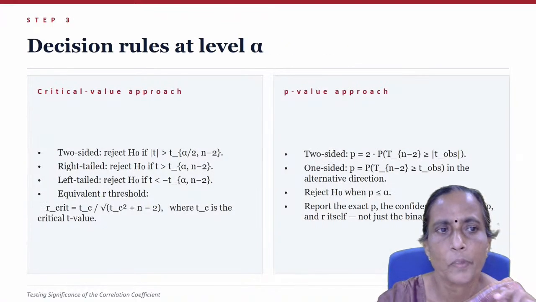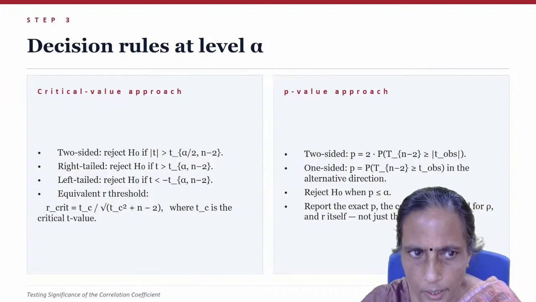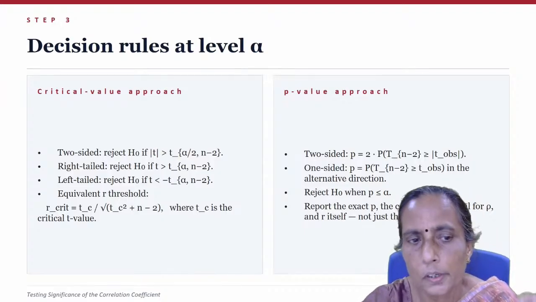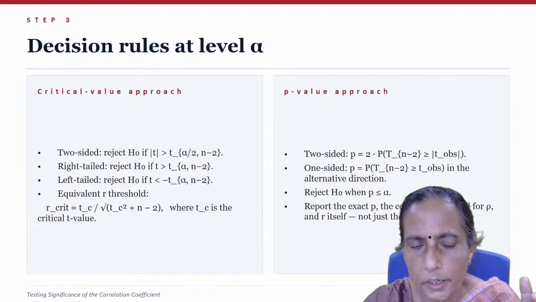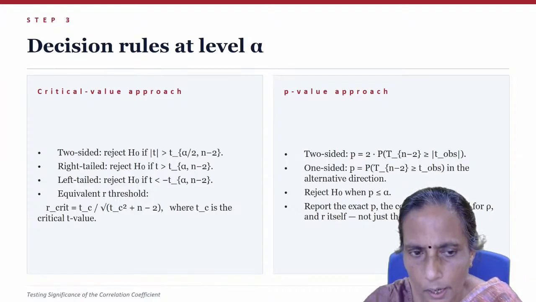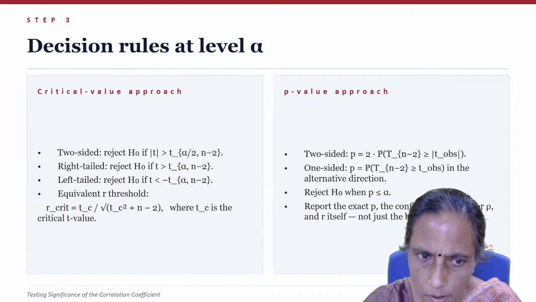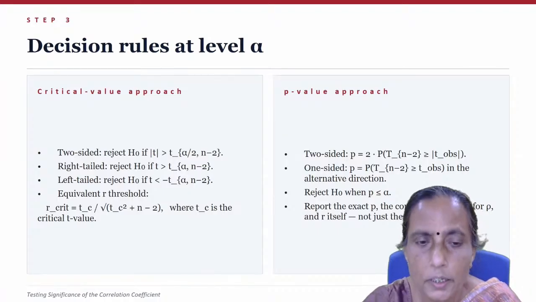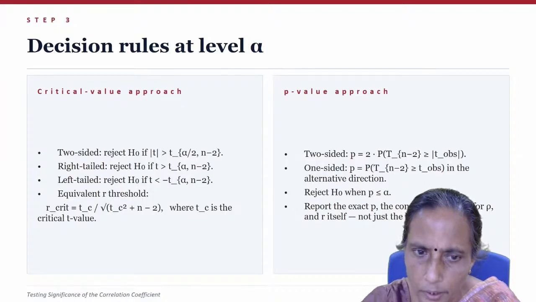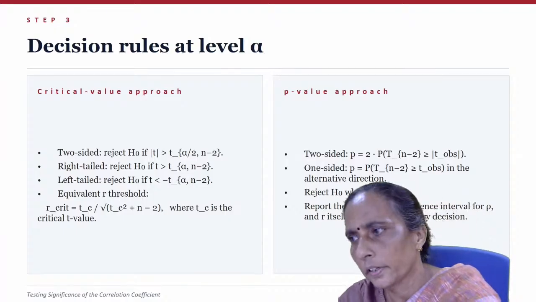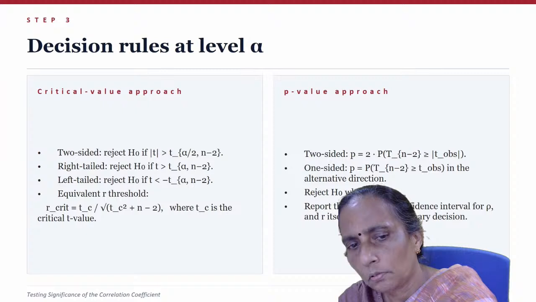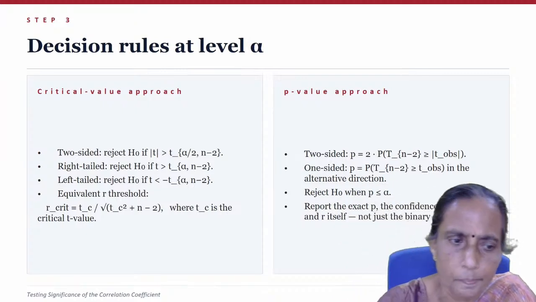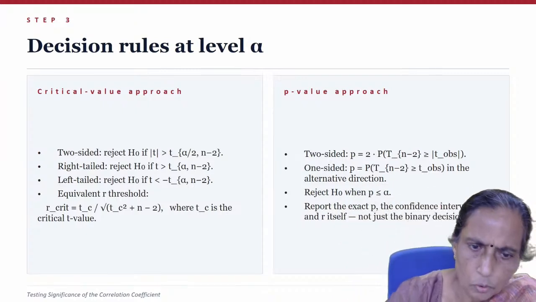Okay. So the decision rules: in the critical value approach, if it is a two-sided test, reject H0, the null hypothesis, if the absolute value of the t calculated is greater than the tabulated value at alpha by 2 and n minus 2 degrees of freedom, and so on.